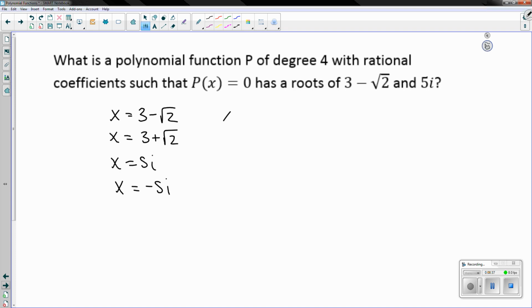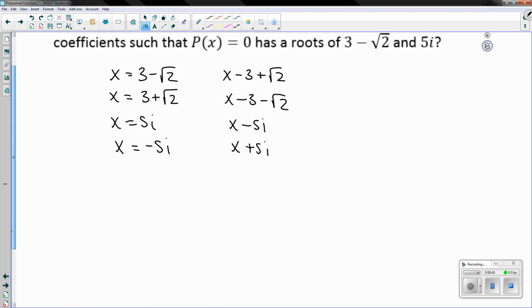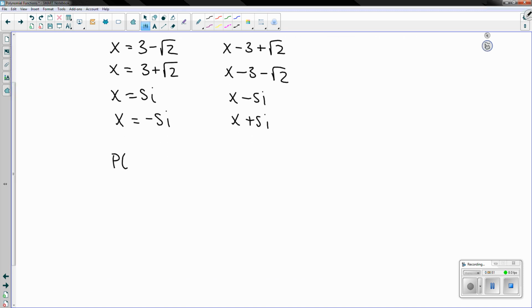So we're going to have x minus 3 plus root 2, x minus 3 minus root 2, x minus 5i, x plus 5i. If we multiply all of these together, that's a linear factorization that represents our sought-after polynomial.